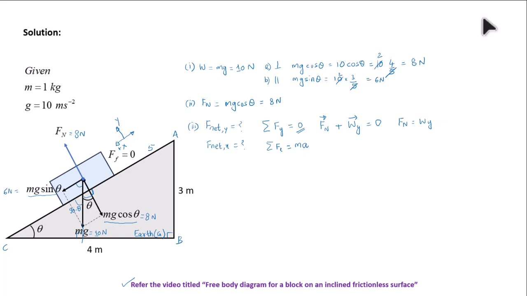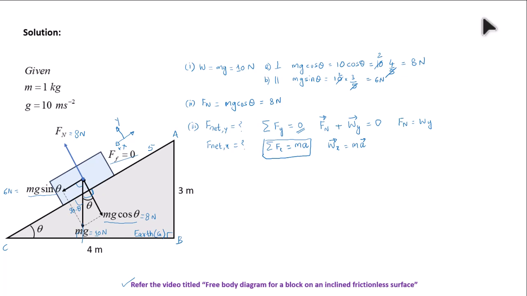Since there is only one force, the block will be moving in the direction of the inclined plane along the x-axis. And it has been given in the question that there is no friction on the surface, which means Ff, the force of friction, will be equal to 0. If we apply Newton's second law, this translates to the weight of the object acting along the x direction being equal to mass times acceleration.